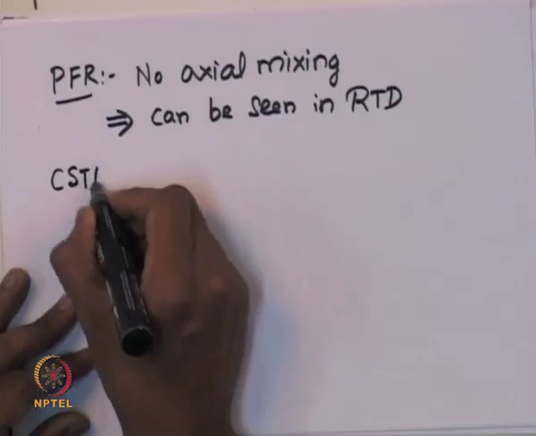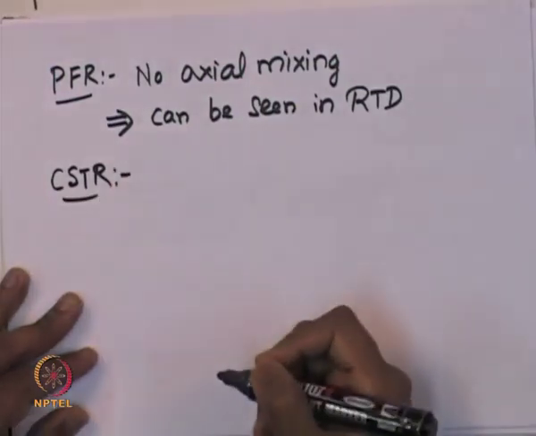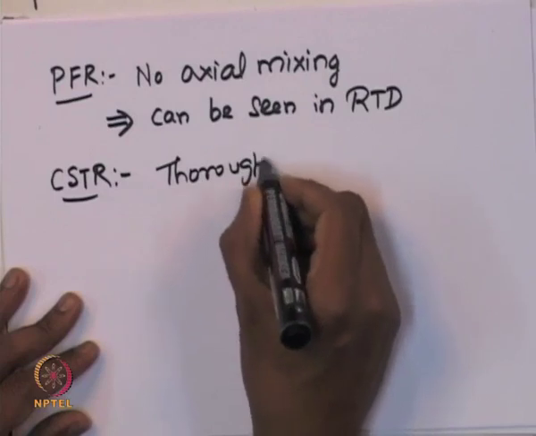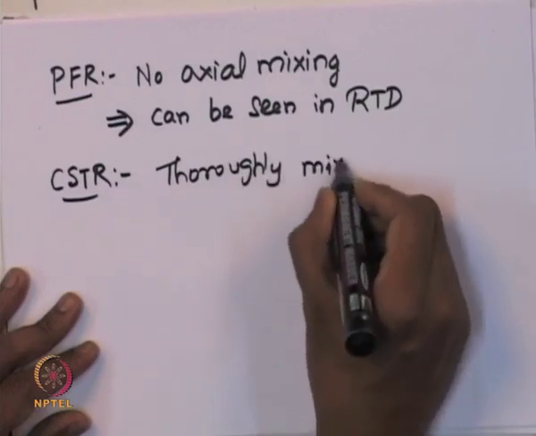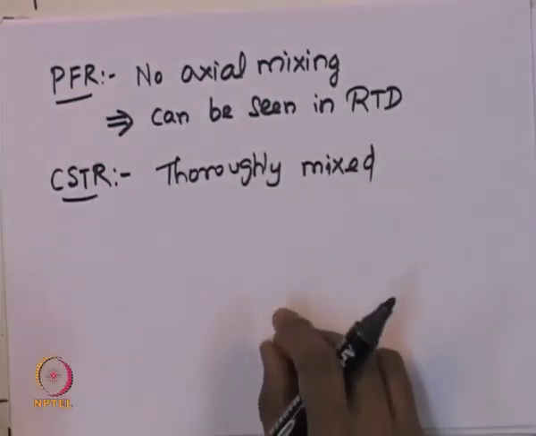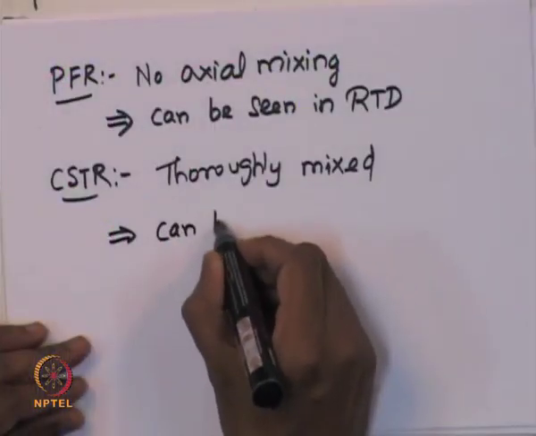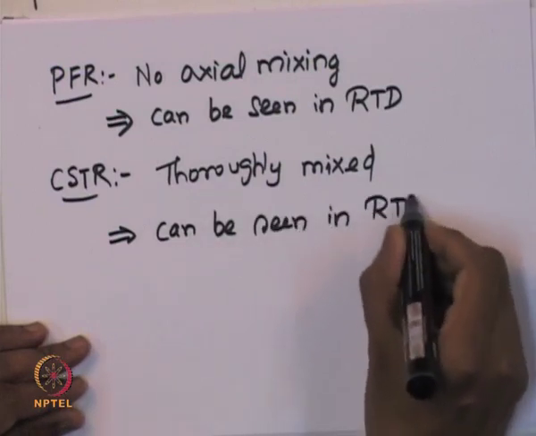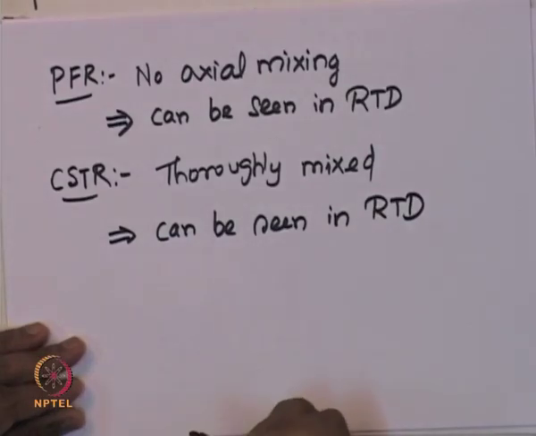And let us look at CSTR. The CSTR is thoroughly mixed, which means that the concentration of the species inside the reactor is going to be uniform at all times, so it is a thoroughly mixed system, and that can also be seen in the residence time distribution of the reactor.